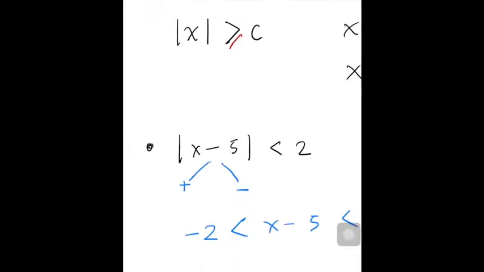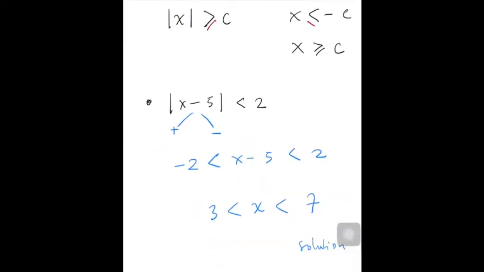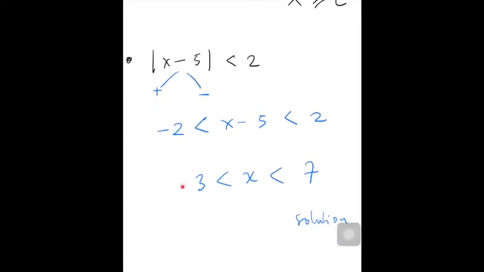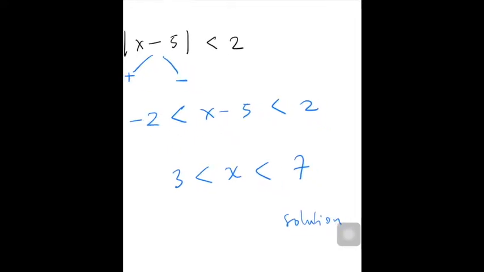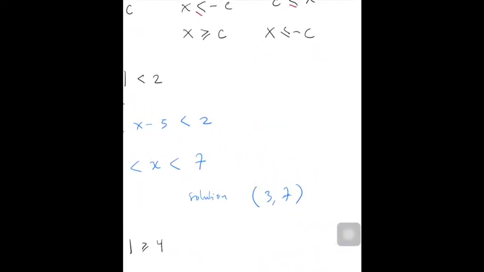Okay, so for positive, we will have just x minus 5 less than 2. But when we have negative, negative 2 less than x minus 5. We solve both for x here. So we have the interval from 3 to 7 in an open interval. Okay, this is the solution. So we can write the solution as 3 to 7 in open interval.